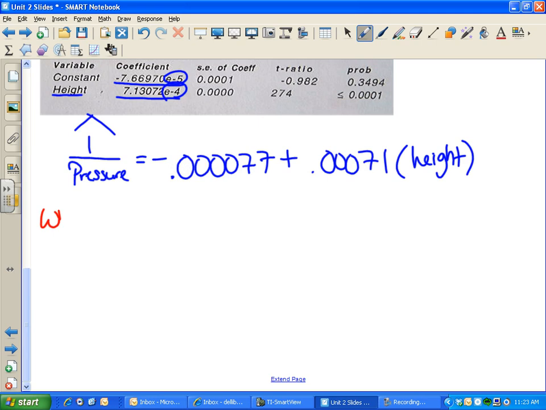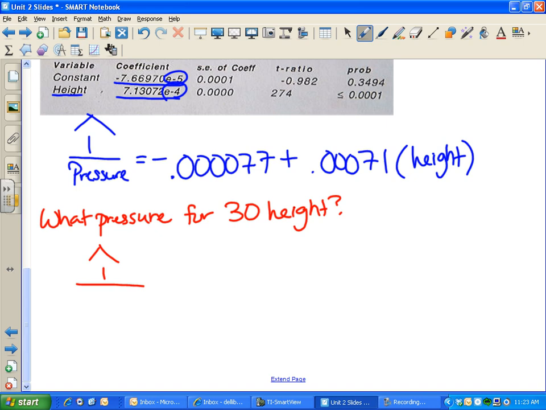So what pressure would we get if the height was 30? Well, I'm going to go ahead and plug it in. I predict that 1 over the pressure would be equal to negative 4077 plus 0.0071 times 30.